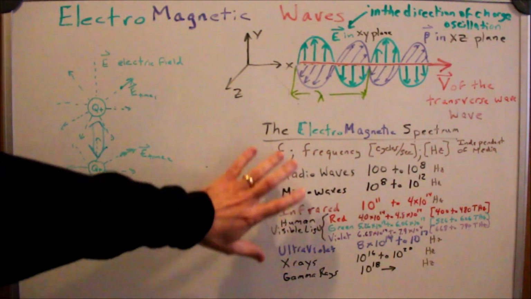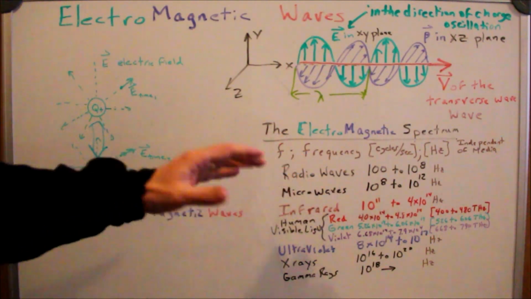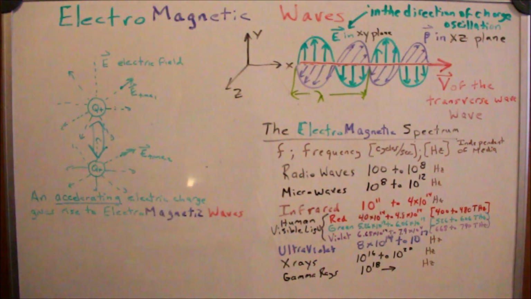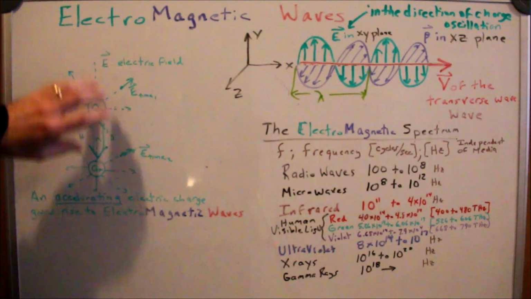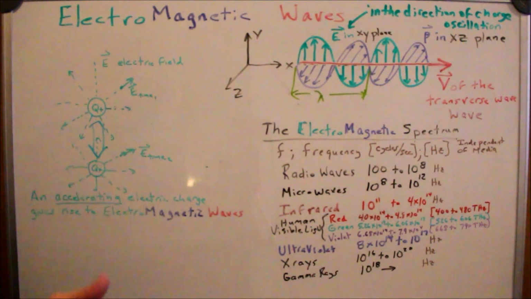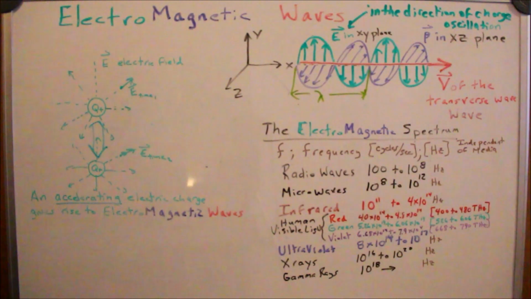So think of it as a whole spectrum of frequencies, and depending on the device, it can emit or absorb different frequencies, depending on its structure and how it relates to the frequency of the charge, and therefore the frequency of the emitted electromagnetic wave.